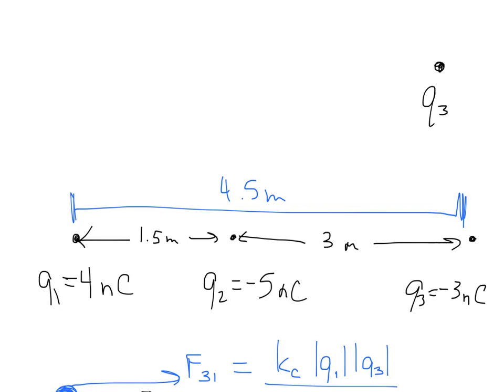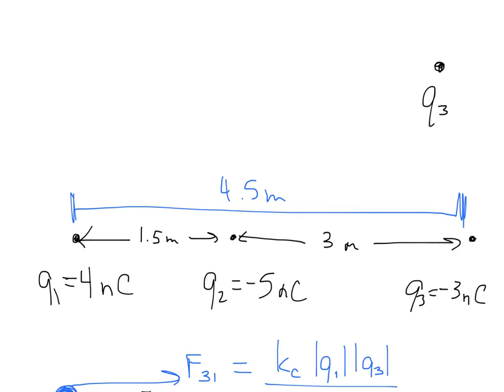If particle 3 could move, and particles 1 and 2 were stationary, now we switch it up. Which way would particle 3 move as a result of particle 2? Away. Why? Because they're both negative. Good. Q2 and Q3 are both negative, so if Q3 can move, it would be repelled.